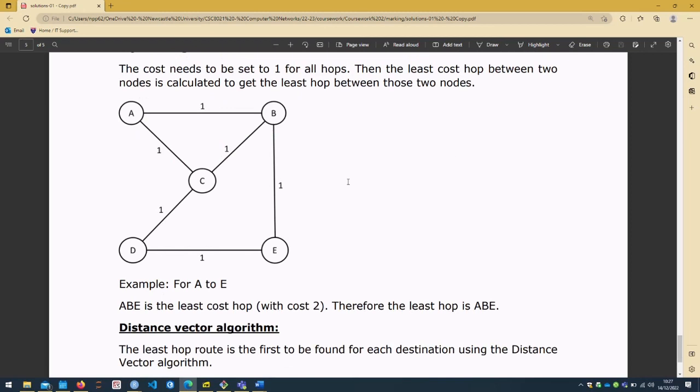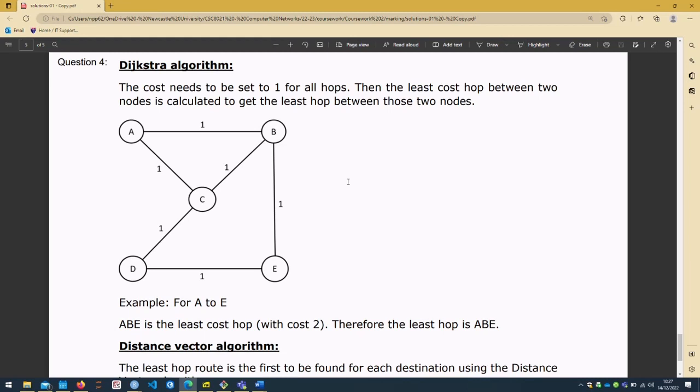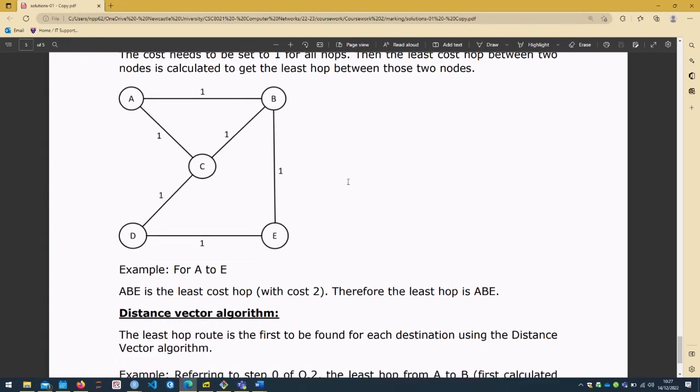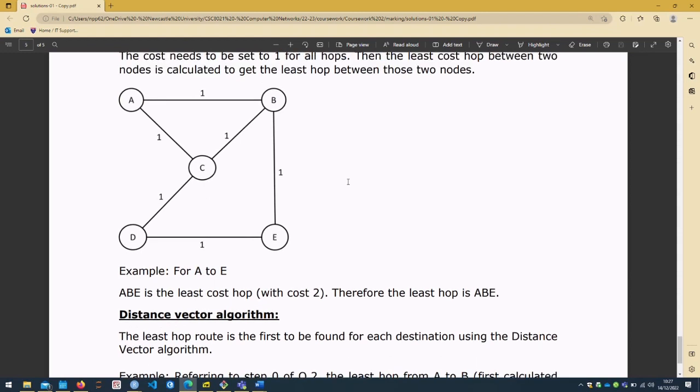So question 5: assume you are maintaining a network that uses the distance vector algorithm to calculate packet routing. Several machines on the network are suffering reliability issues. Discuss how this might impact the efficiency of the distance vector algorithm, and discuss the solutions.